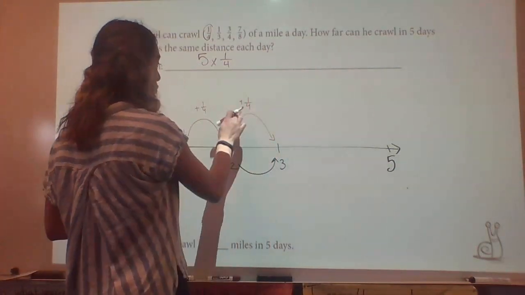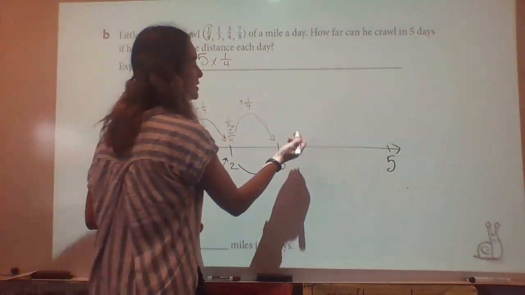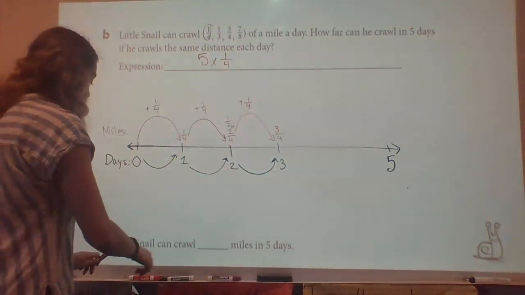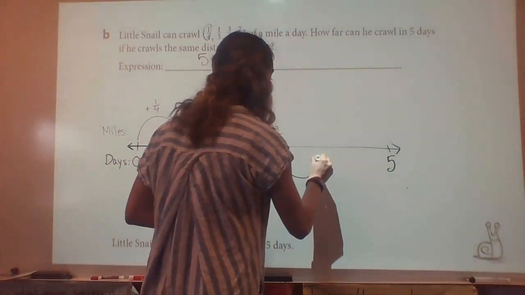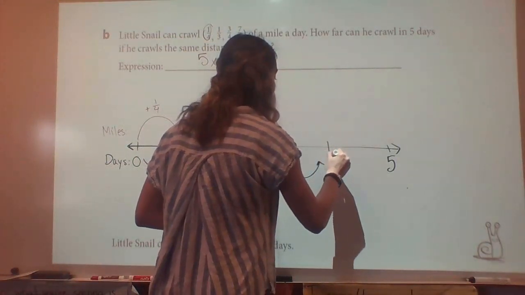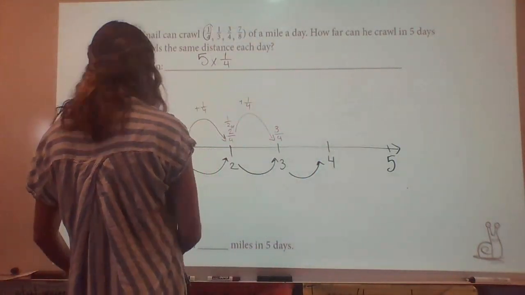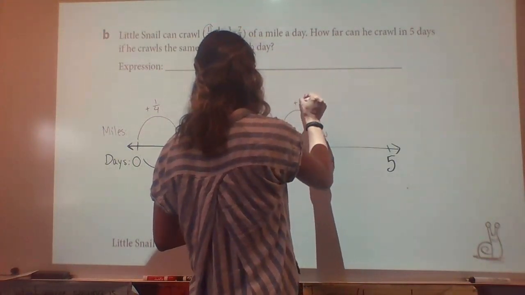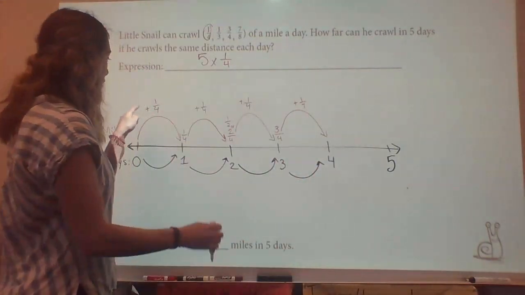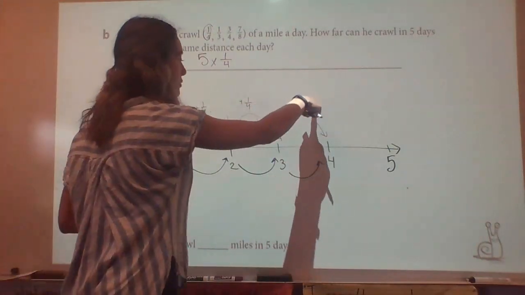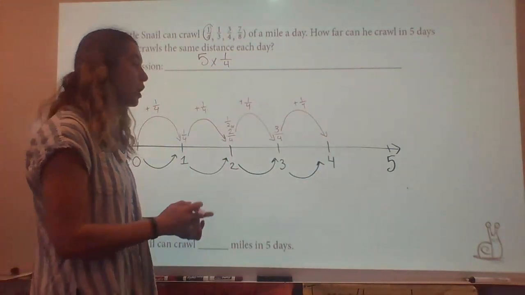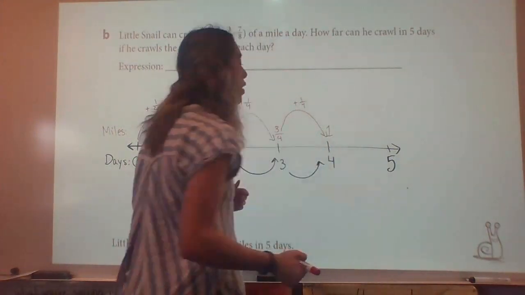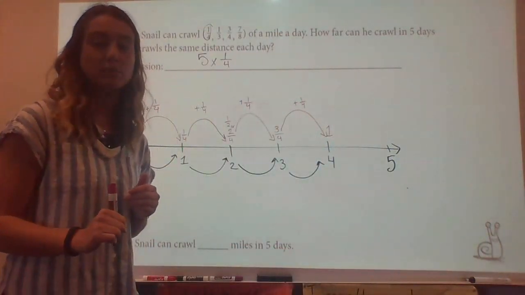Plus another 1/4. 1/4 plus 1/4 plus 1/4, that's 3/4. On the fourth day, he's going another 1/4 of a mile. See the repetitiveness. And 1/4 plus 1/4 plus 1/4 plus 1/4, that's 4/4. I know that 4/4 is equal to 1 whole mile.